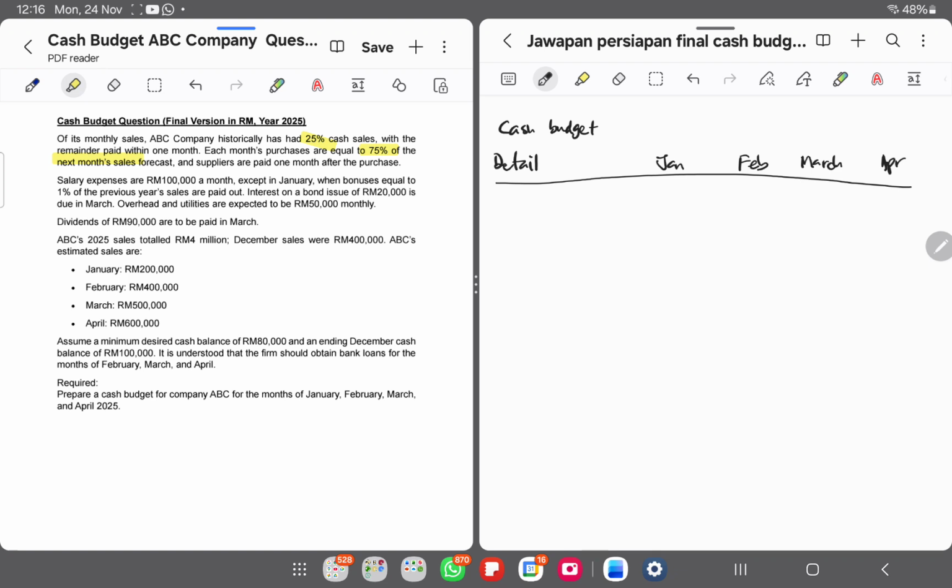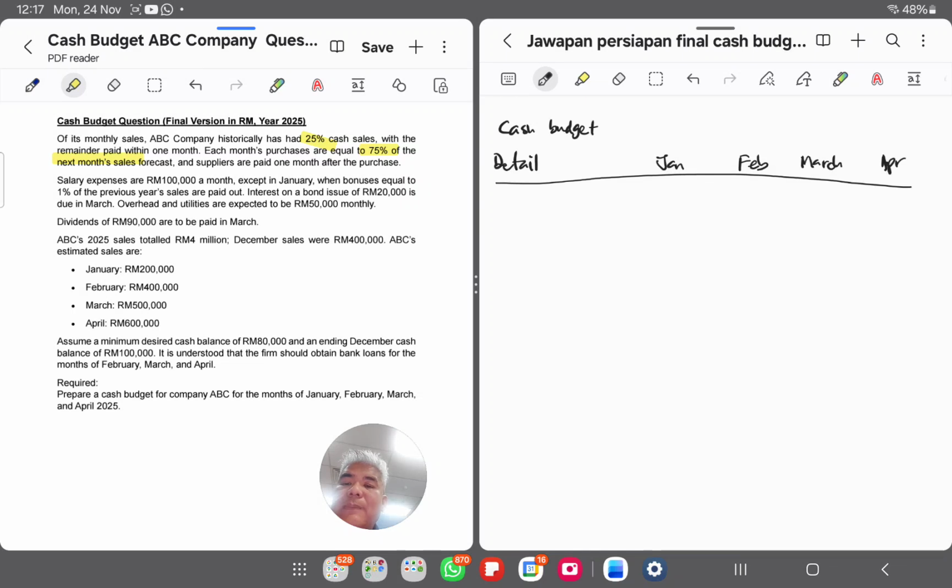So we need to purchase the raw materials, so we have to purchase earlier. That's why we have to forecast the next month, to buy the raw material to meet the sales requirement for next month.